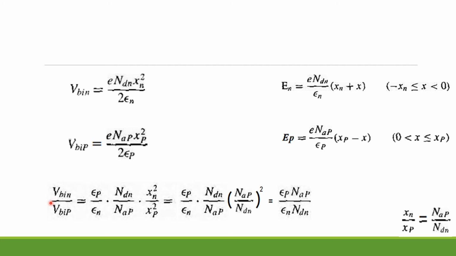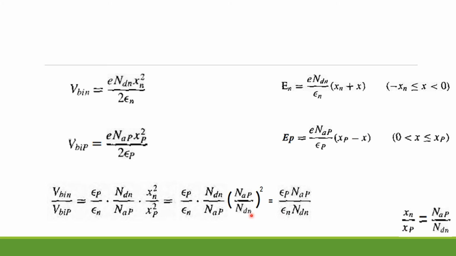And the ratio of these potentials, VBIN by VBIP, is equal to epsilon P divided by epsilon N into NDN divided by NAP into Xn square divided by XP square. And we know that Xn by XP is NAP by NDN.